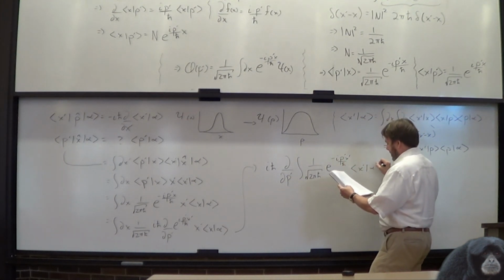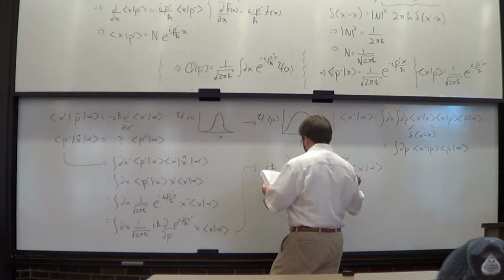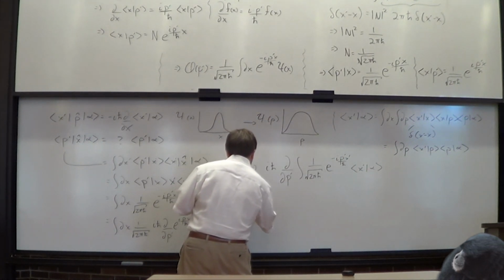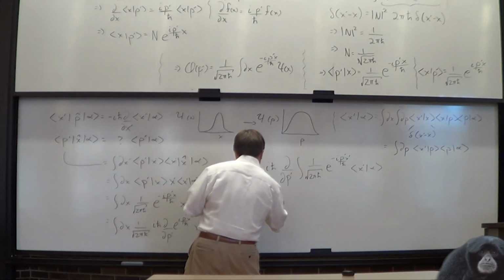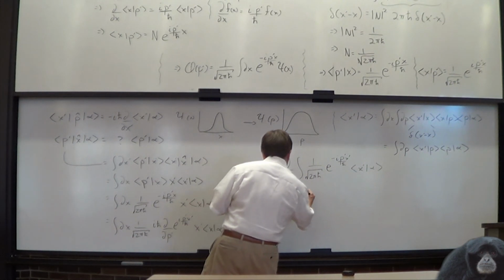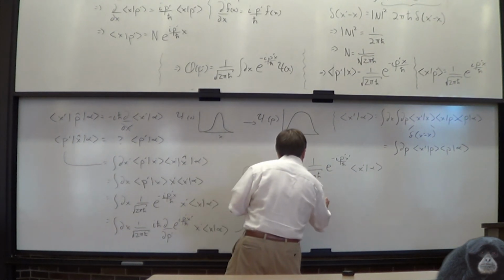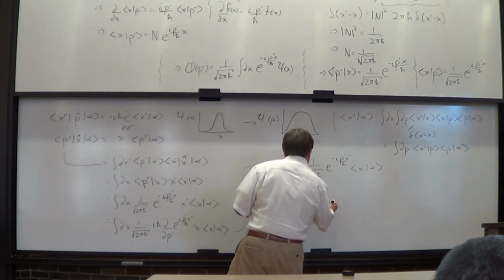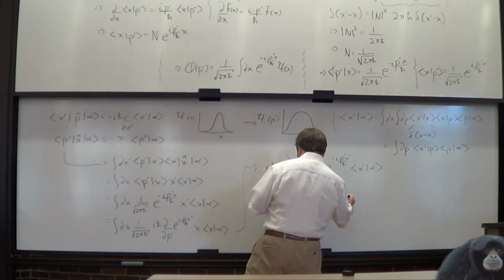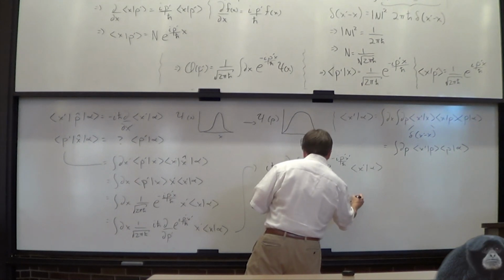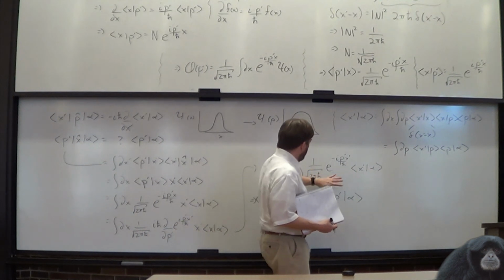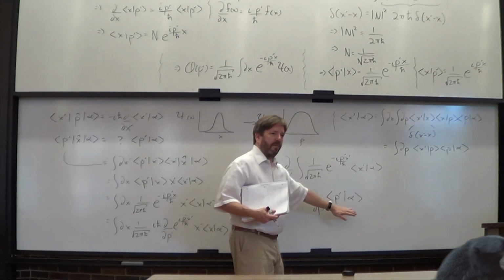And now I recognize this as i h bar d/dP. All of this, of course, is the momentum representation of, yeah, so remember, this transforms this to the P representation.